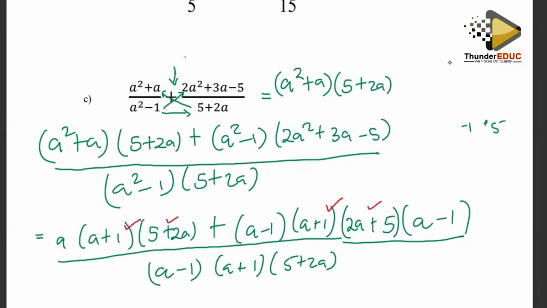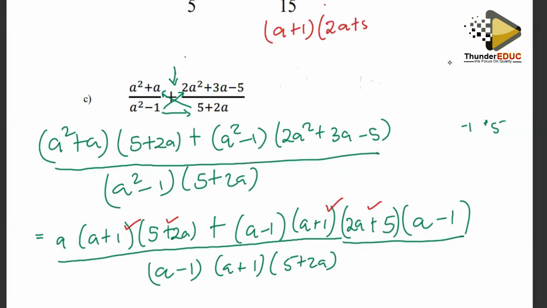So these two brackets are common from the top. Let me just take this out and write it up there. All right, so we're saying a plus 1 together with the 2a plus 5 will be common. We are left with this a plus this entire thing, which is a minus 1 squared.